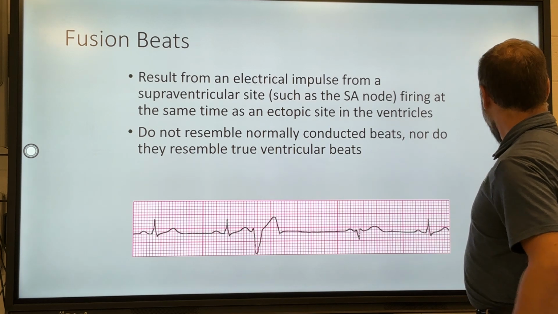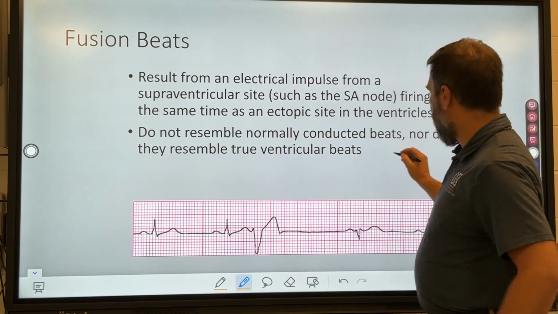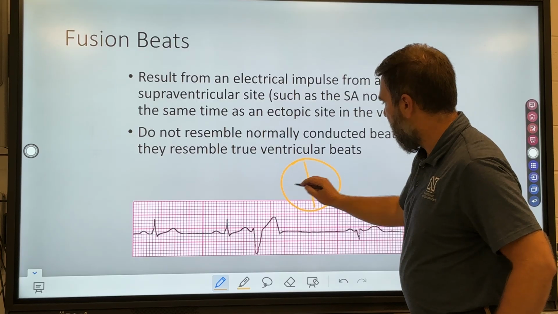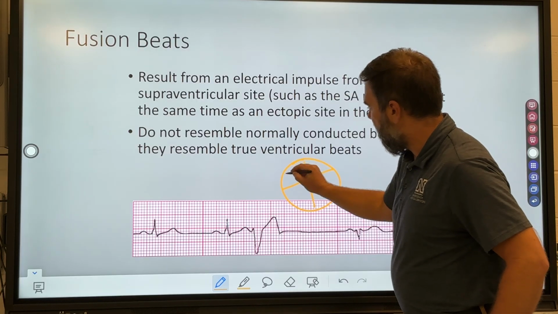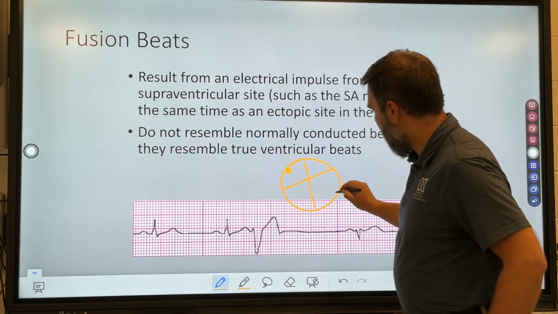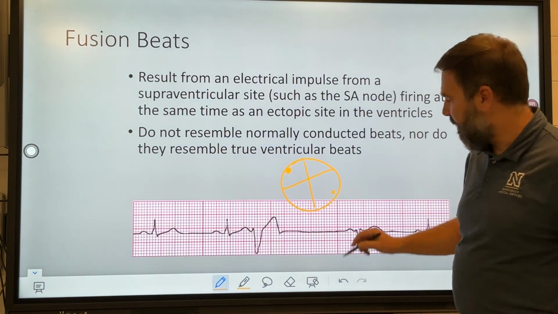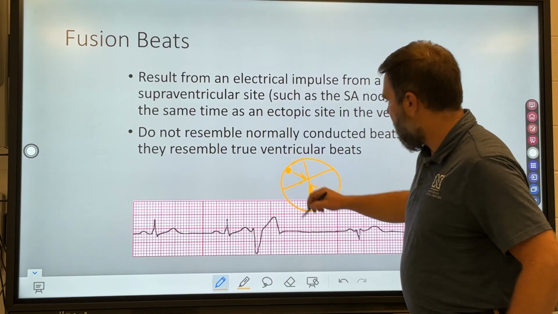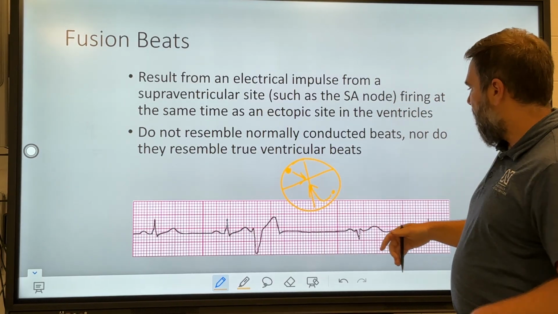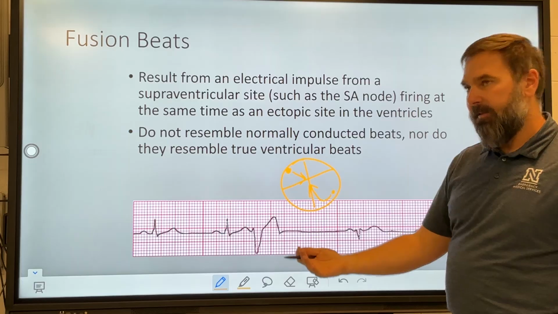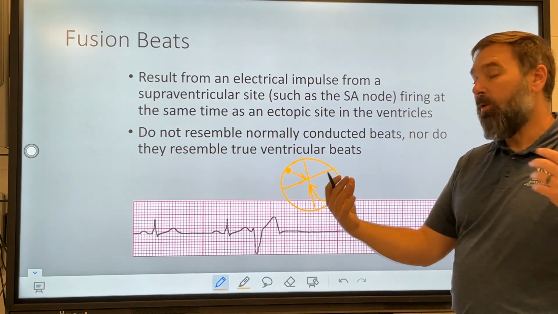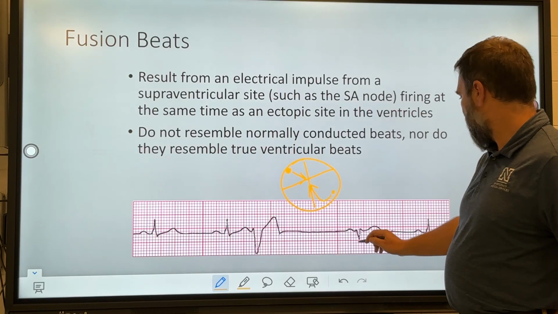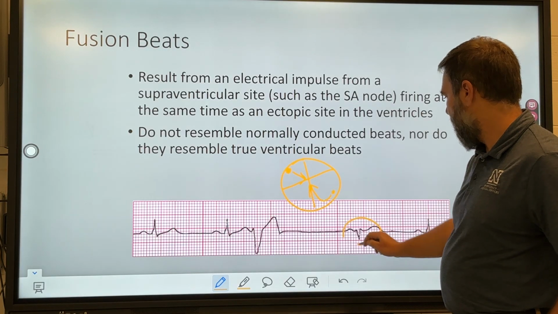So what's happening in this case, this is our heart, SA node. The SA node is firing, and we have an ectopic site somewhere in the ventricles that's trying to fire also. When these two meet, we don't get a full depolarization or a full normal looking QRS complex. What we get is something like this.